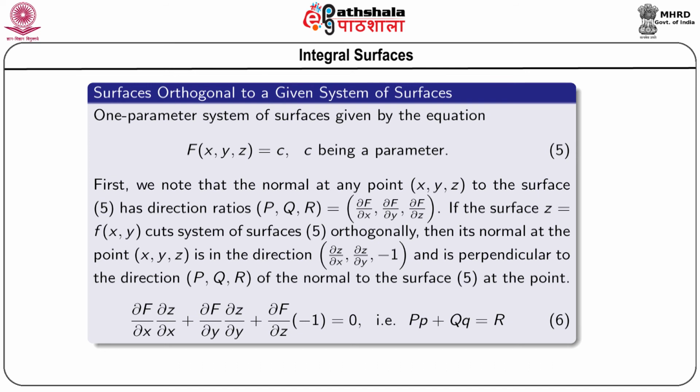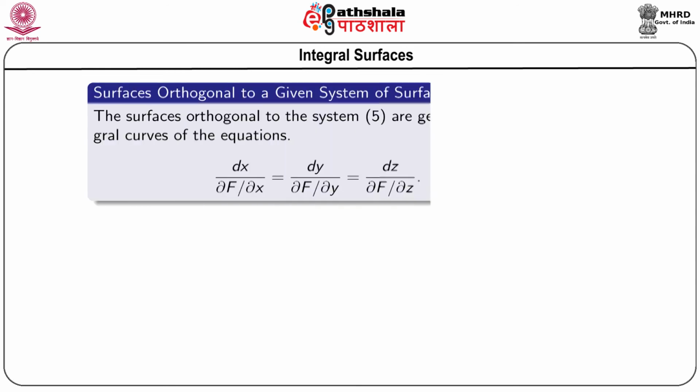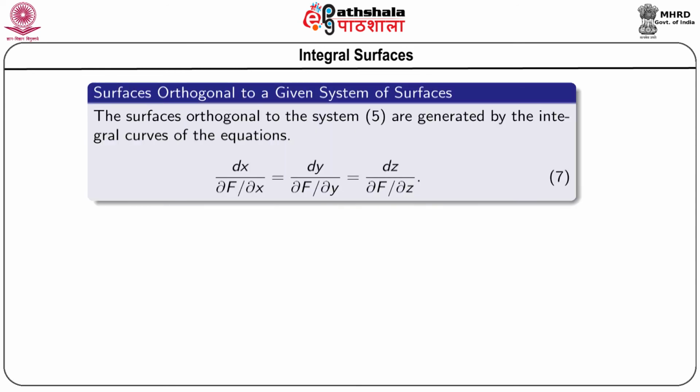That means we now obtain a quasi-linear equation which is given in equation 6, and we want to find the solution of the quasi-linear equation 6. And we already know that the solution of the quasi-linear equation is related to the solution of a simultaneous equation which is known as the Lagrange auxiliary equation, and this is written in equation number 7: dx by del f del x equals dy by del f del y equals dz by del f del z.